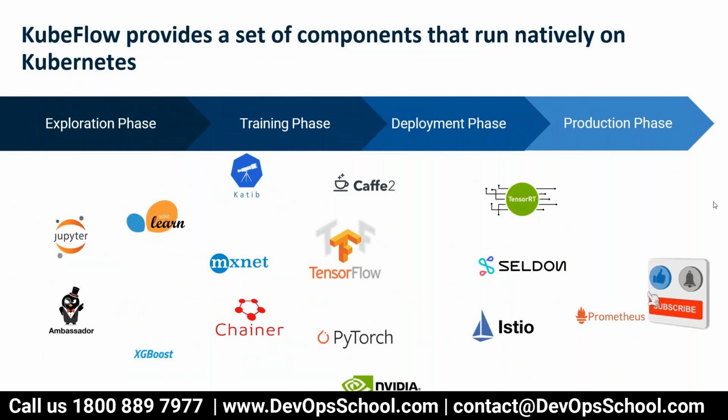Some of the popular ones are Jupyter Notebook, Katib, PyTorch, TensorFlow, and for monitoring Prometheus and all. So many tools. Again, apart from that, these are growing domains, so you might see a lot of changes in the upcoming months or years, because we have just started talking about all this, right?